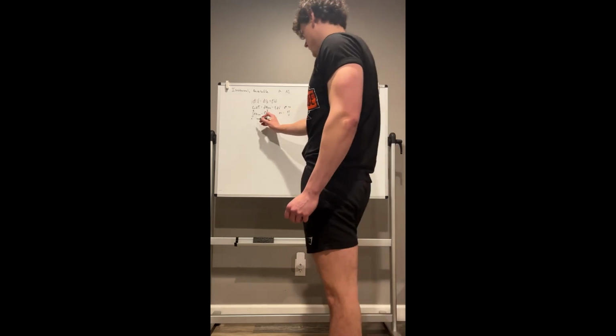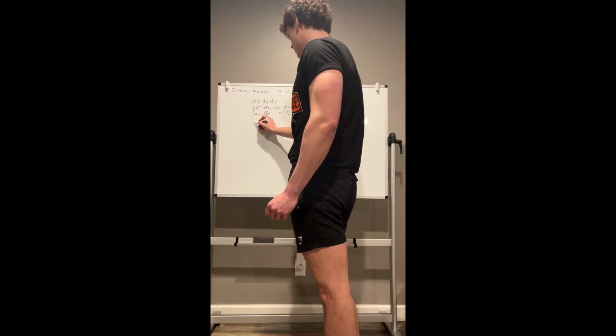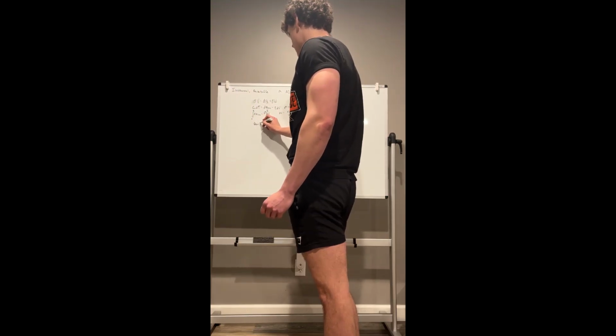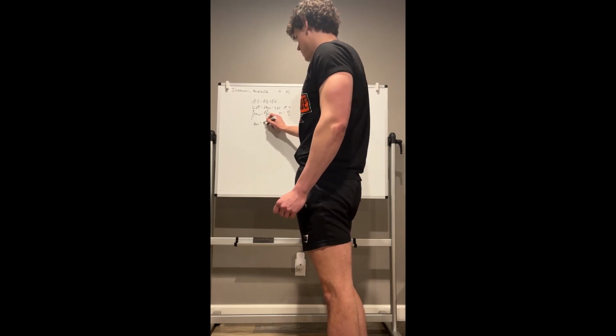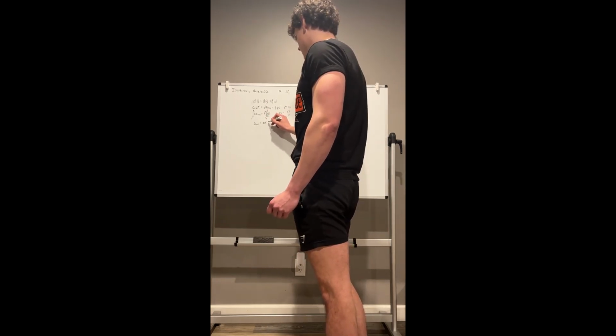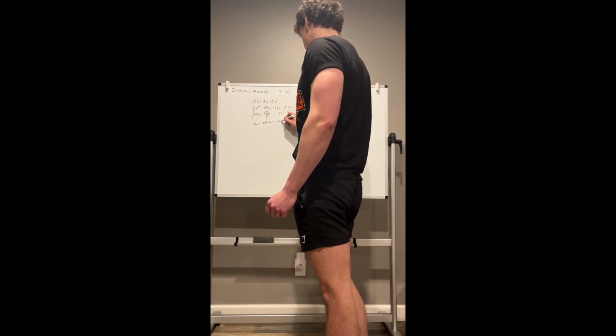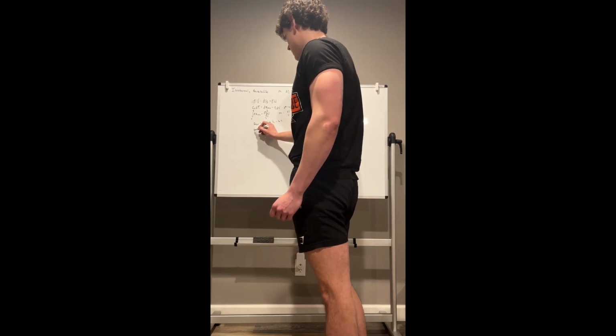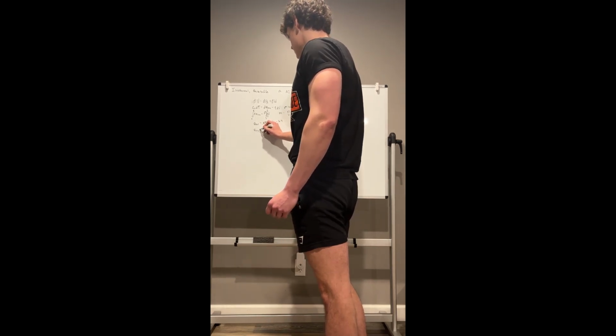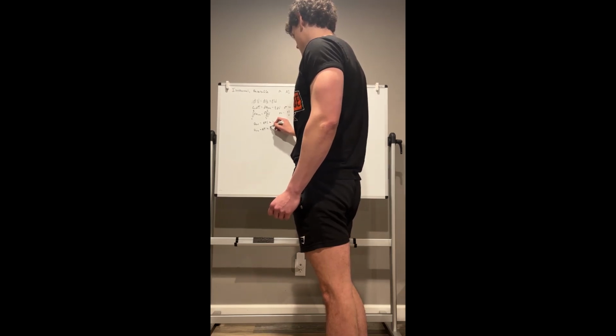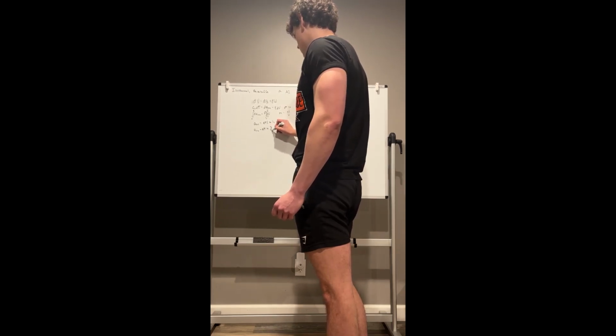From this, we get our Q reversible is equal to RT times ln T2 minus ln T1, or just Q rev equals RT times ln of T2 over T1.